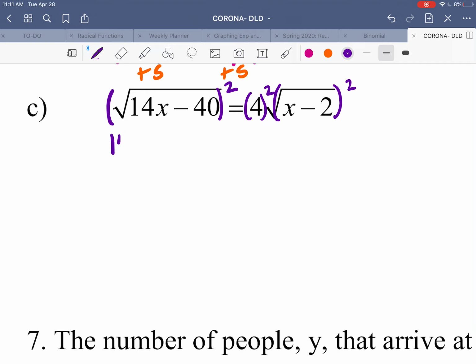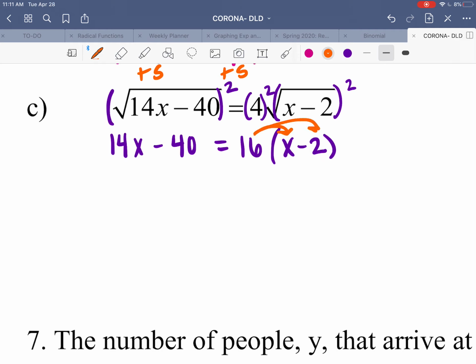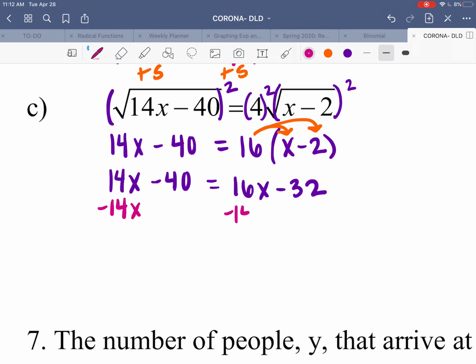So when we do that, we get 14x minus 40 equals 16 times x minus 2. Very important, we have to distribute this 16 to both of these. So we have 14x minus 40 equals 16x minus 32. Subtract 14x.